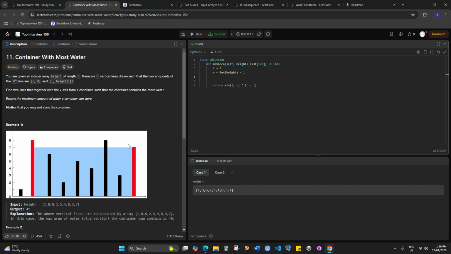From the left to the right, between the first two, the maximum amount of water you can store is just 1. Between the first 3, it's going to be 6. The only problem is, how would I know that it's 6?